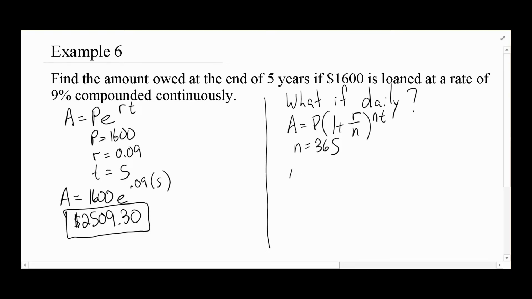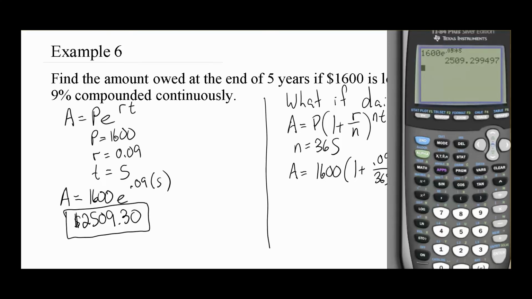So let's plug those numbers in. We'd have 1,600 times (1 plus 0.09 over 365), all to the 365 times 5 power. And let's get our calculator out and do some work with that.